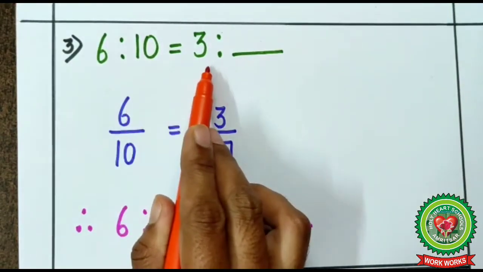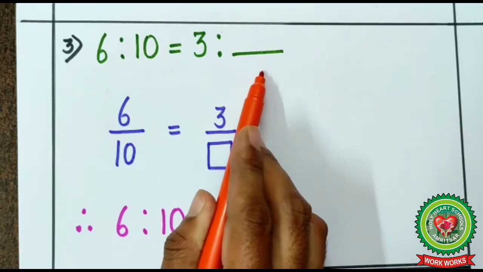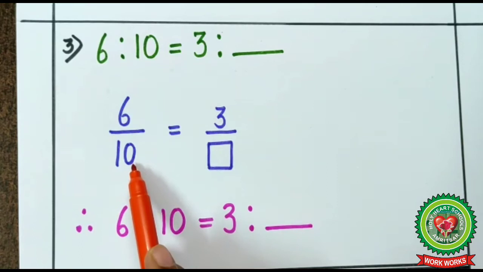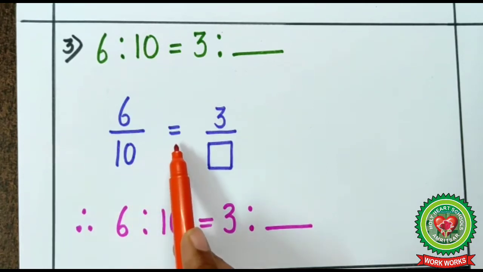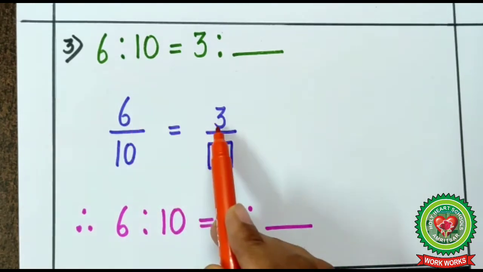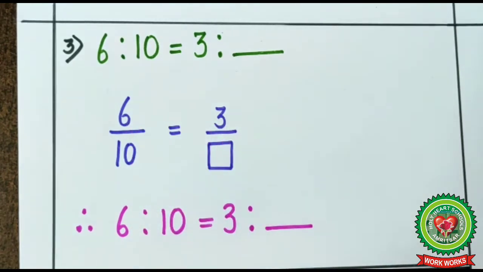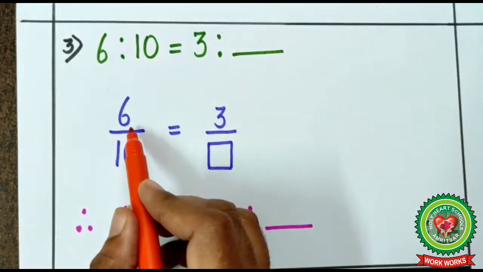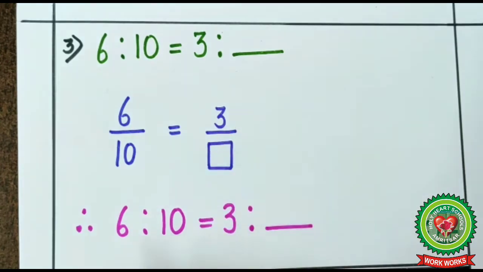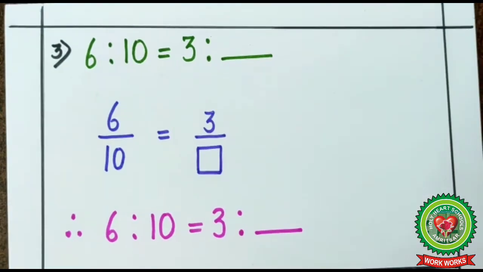6:10 equals to 3:blank. You can express it as 6 upon 10 equals to 3 upon box. Now see, 6 is bigger than 3. So, we cannot multiply 6 by any number to get 3. What we will do here? Here we will divide it.